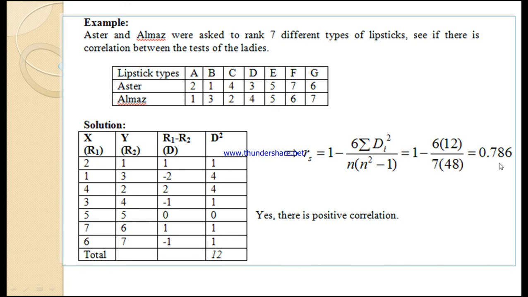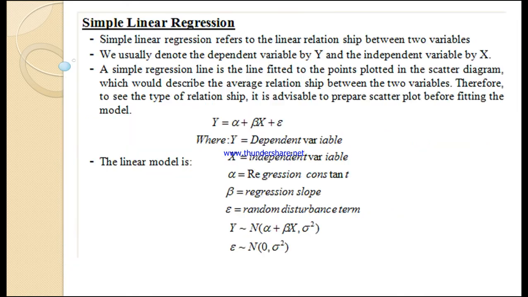Since 0.786 is a result between 0 and 1, it implies there is a positive correlation between the tests of these 2 ladies, i.e. Aster and Almas. This is how we can determine the correlation coefficients for qualitative type of data.